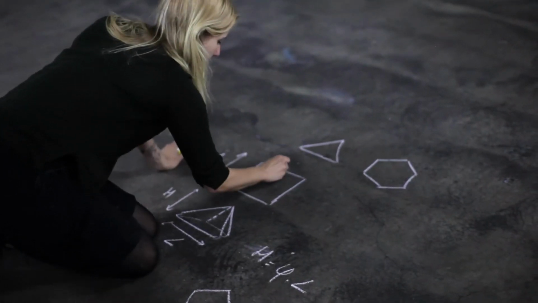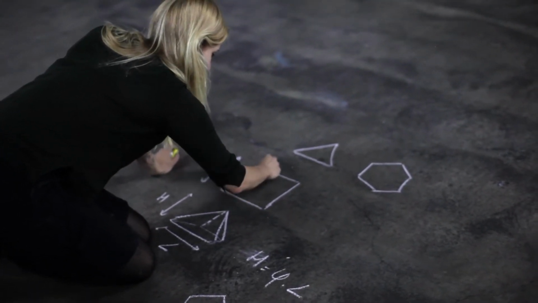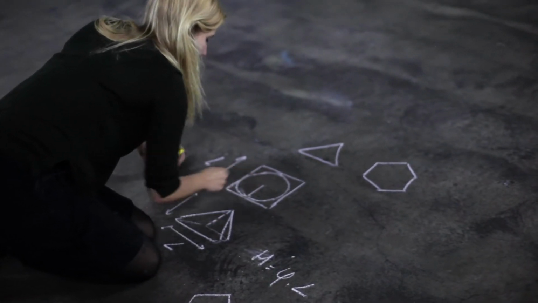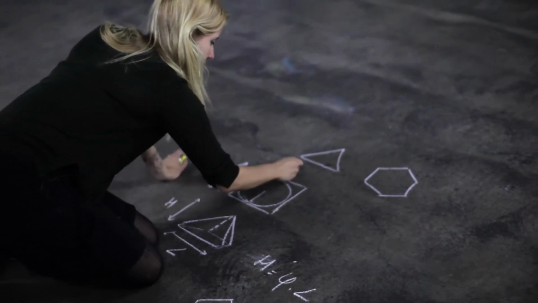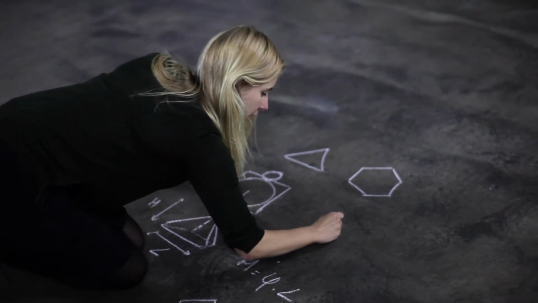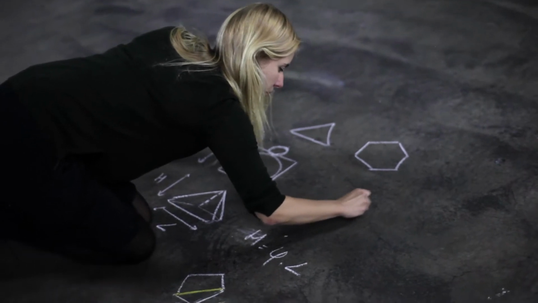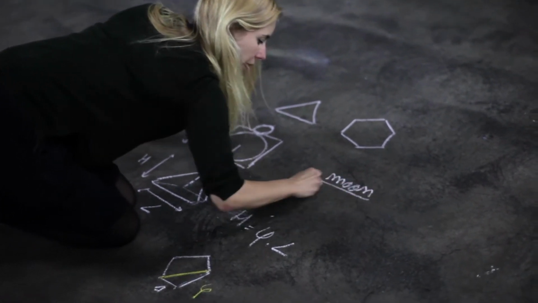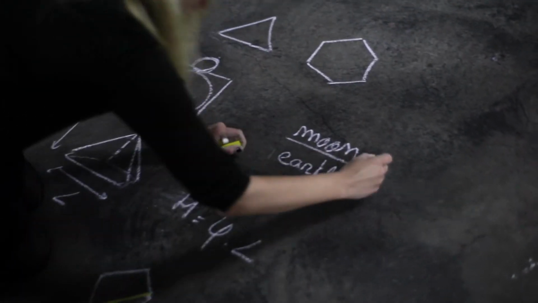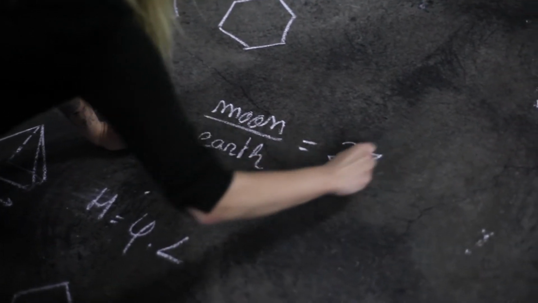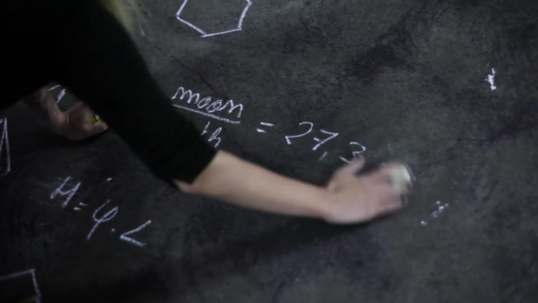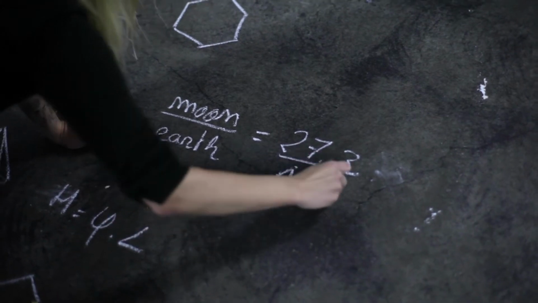If you imagine that there is the Earth inside, this is the radius of the Earth, and then you draw the Moon above, and you have the radius of the Moon divided by the radius of the Earth. It is like 27.3%, so 0.273 if you prefer.